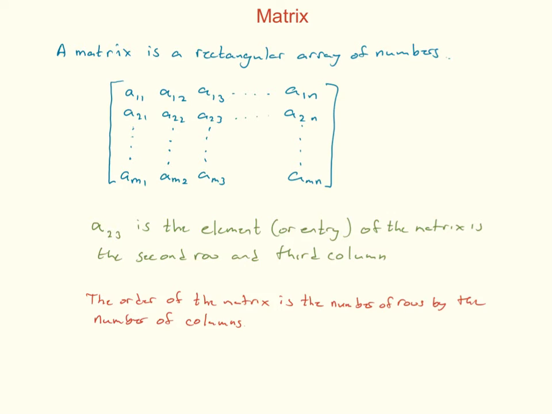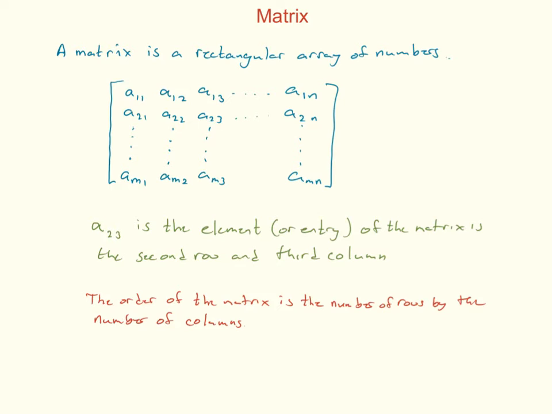And the subscript notation, as you can see here, A sub 2,3, tells us which row and what column it's in. So the first number tells us the row, the second number tells us the column. So A23 would be in the second row, third column. The order of the matrix is always equal to the number of rows by the number of columns.